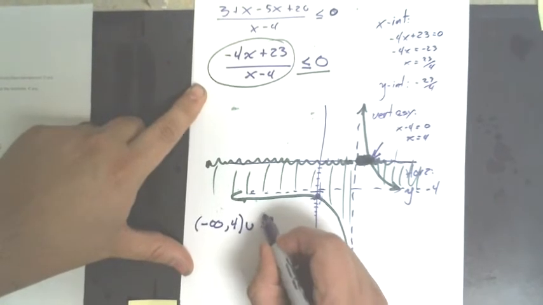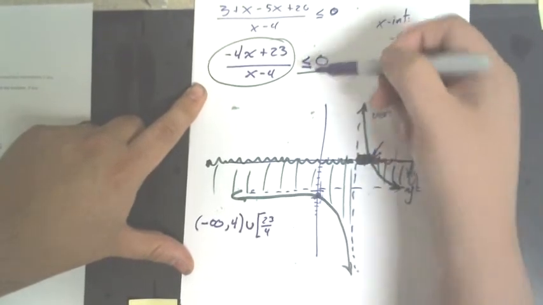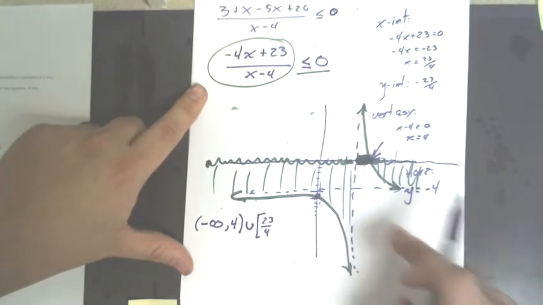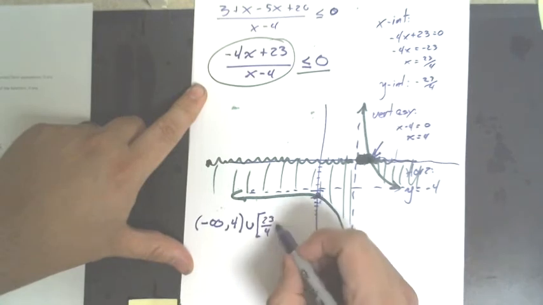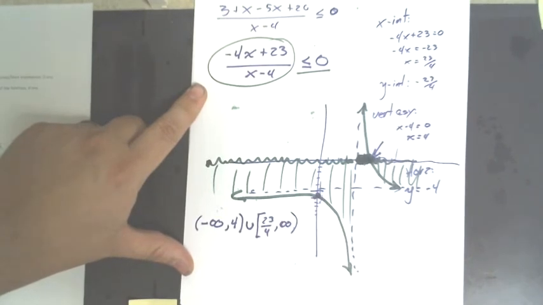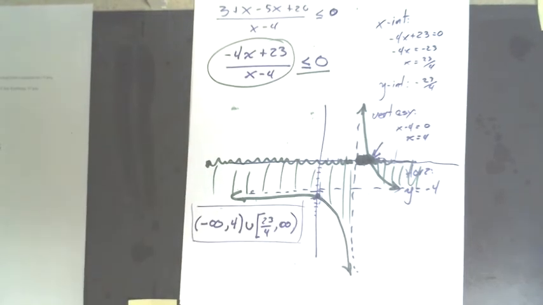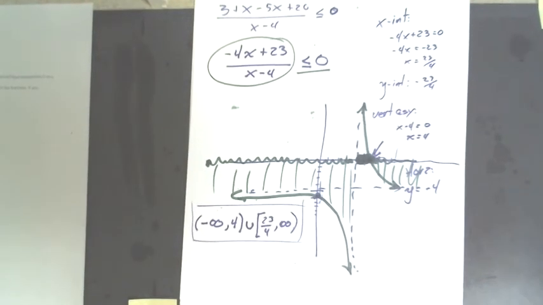And at 23 fourths, we are equal to 0, and we can be equal to 0, so hard bracket. And then all the way out further than that, you're always down here negative, so all the way out to infinity. So a nice big interval notation solution for where is that less than or equal to 0.